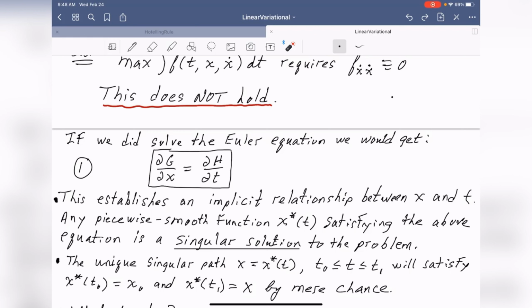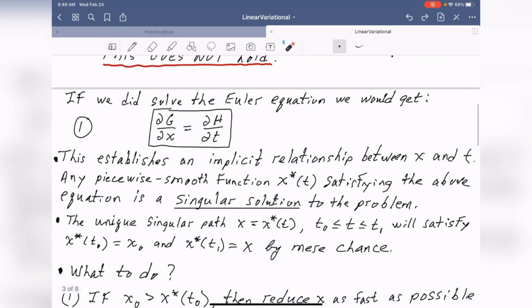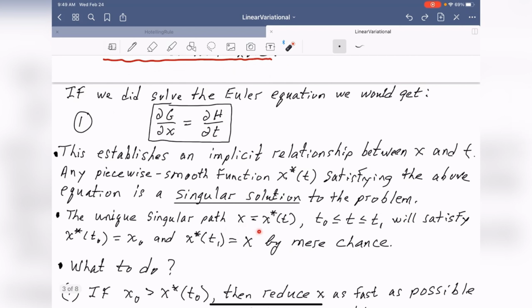All right, so this would establish an implicit relationship between x and t, and any piecewise smooth function x star(t) satisfying the above equation is a singular solution to the problem. The unique singular path, x star(t), where t is between t0 and t1, will satisfy x star at t0 equals x0 and x star at t1 equals x1.